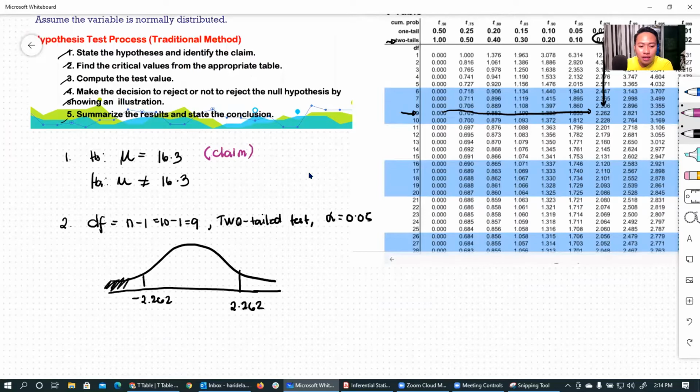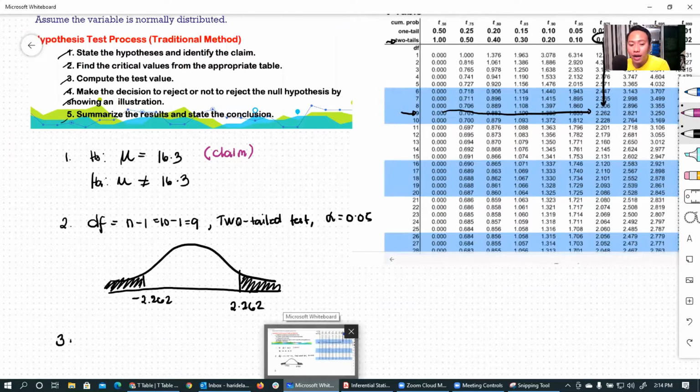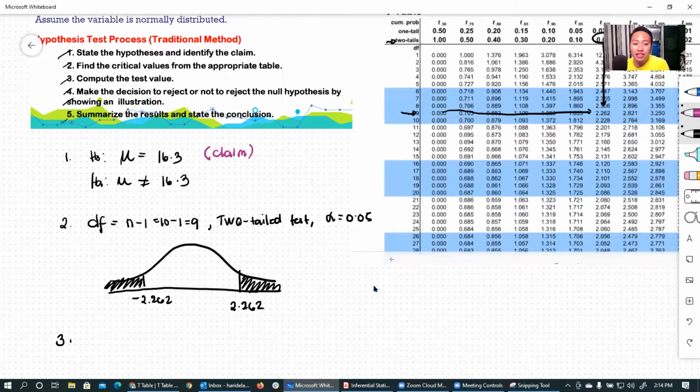This is the rejection area, and the unshaded area is the acceptance area. So we're done with step 2. Our critical values are negative 2.262 and 2.262.